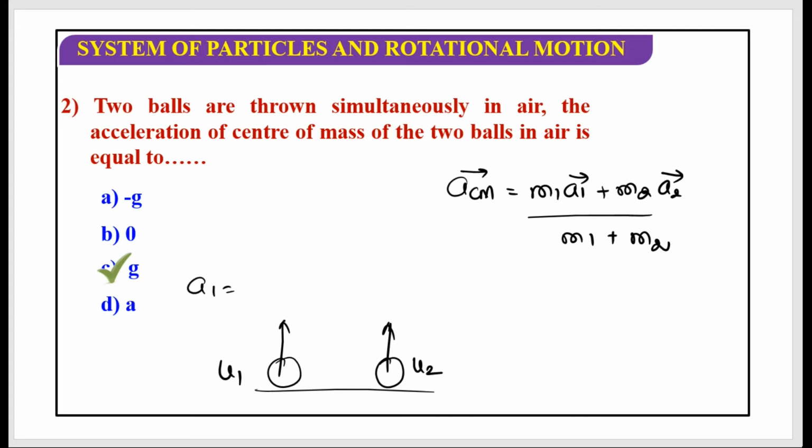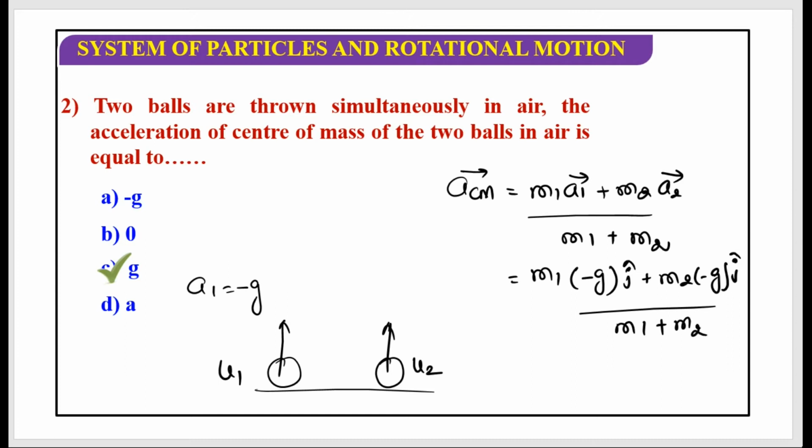Acceleration of this is in the downward direction, so that should be written as minus g. So this is m1 into minus g j cap plus m2 into minus g j cap divided by m1 plus m2.